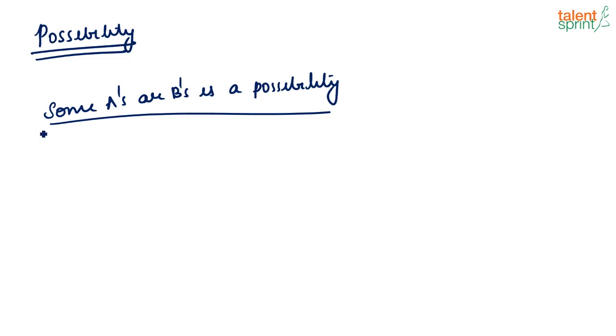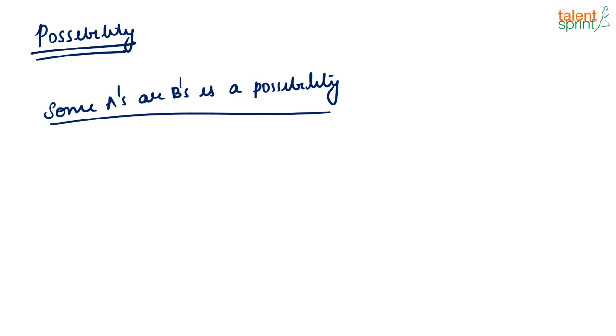Just keep this in mind for now. When I solve a question from this possibility case, I'll make it more clear to you. If a possibility conclusion has to be true, it has to satisfy at least one of the possible diagrams that you can draw for the given set of statements.